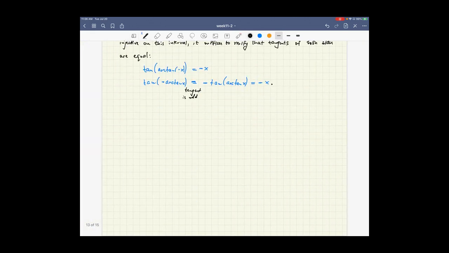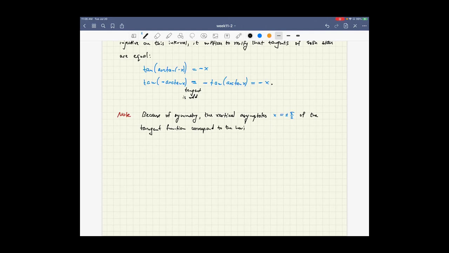So because of symmetry, the vertical asymptotes x equals plus minus pi over 2 of the tangent function correspond to the horizontal asymptotes y equals plus minus pi over 2 of the arctangent function.